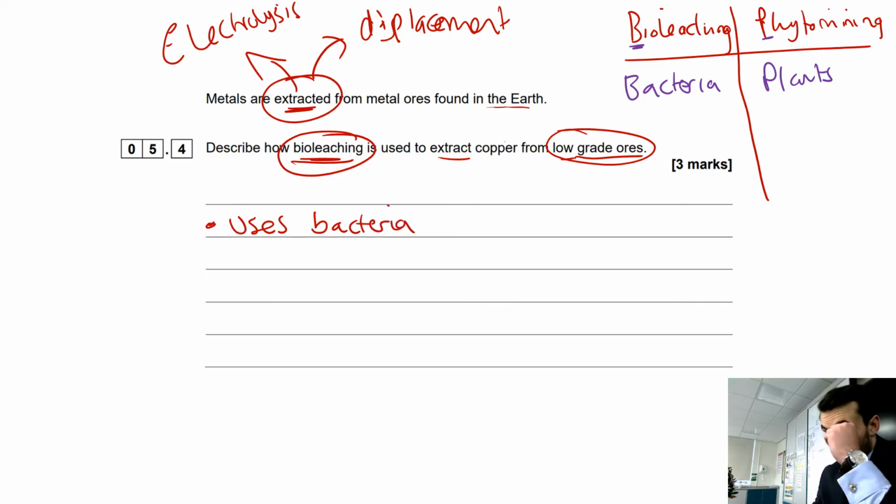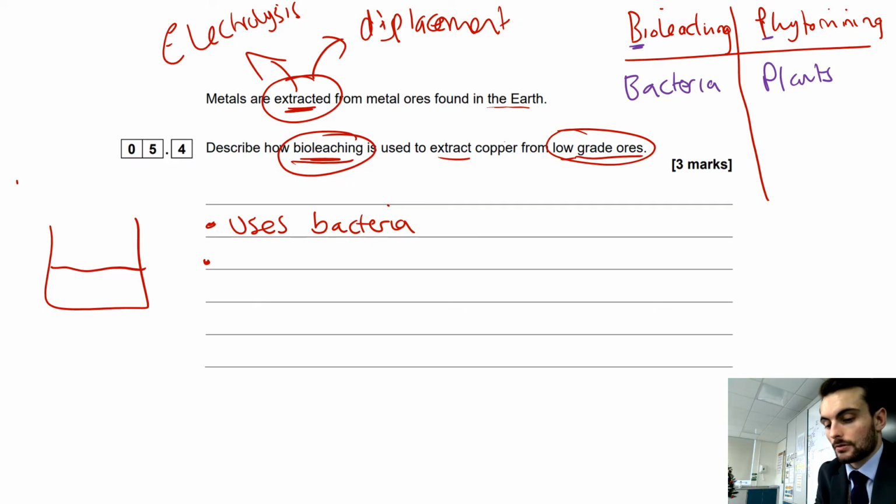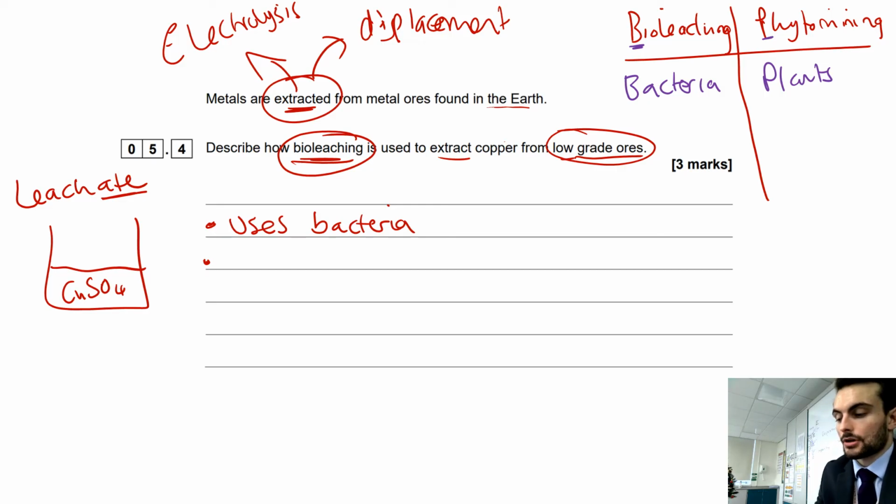Now you put the bacteria in the substance, and you don't really need to go into massive detail on exactly what's happening, but what the bacteria does is it makes a solution with what we call the leachate, because it's got oxygen in it. You will end up with copper sulfate. So the bacteria causes a solution that's got copper compounds in it that we can then extract the copper from. So the bacteria produces copper compounds in solution.